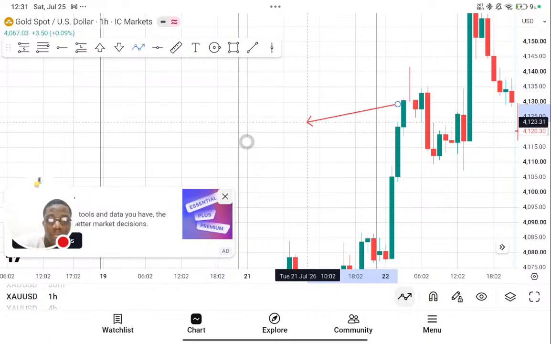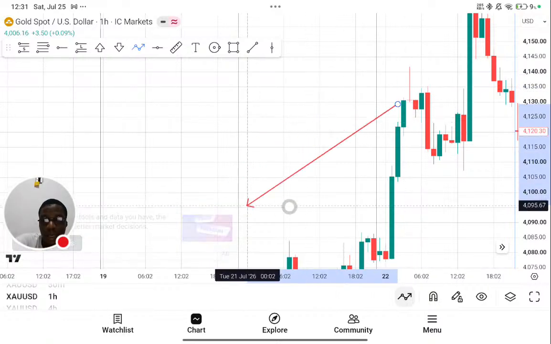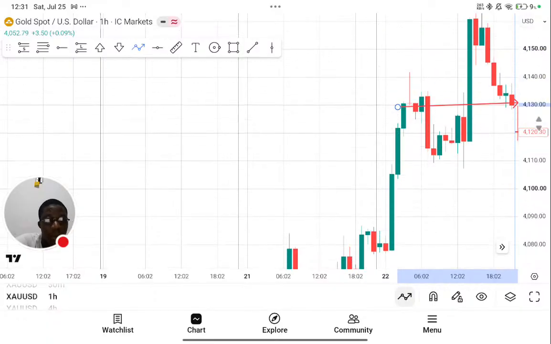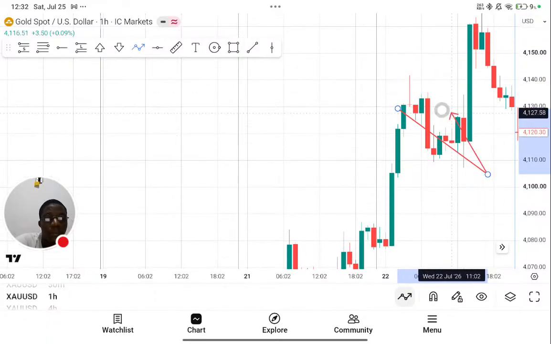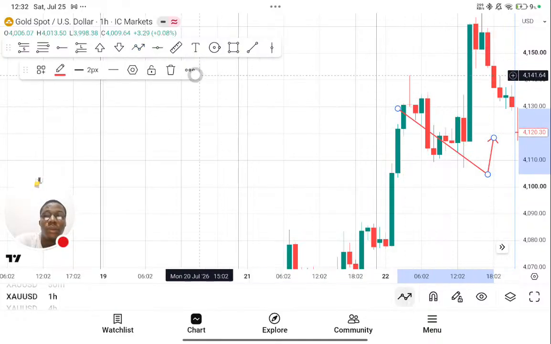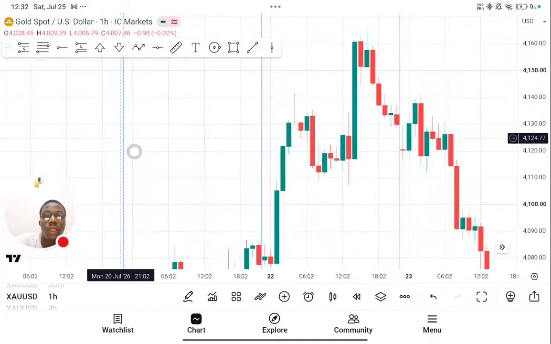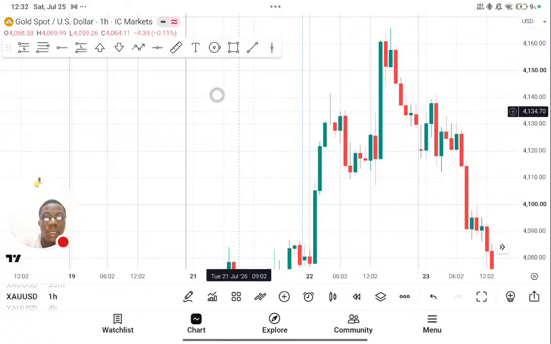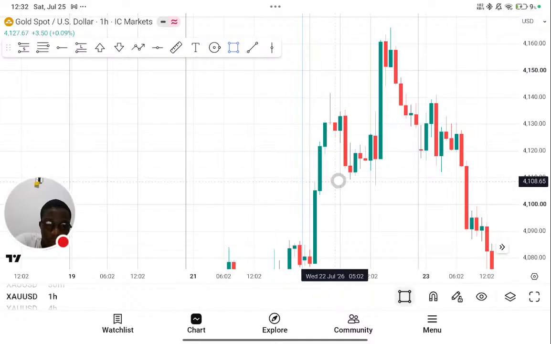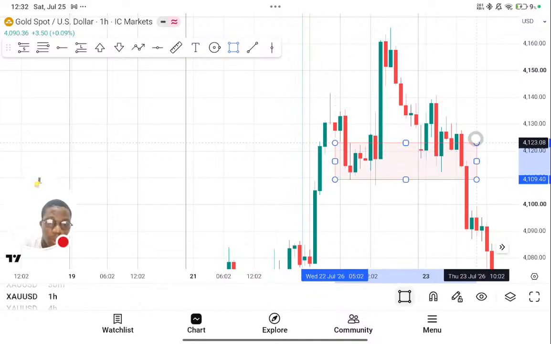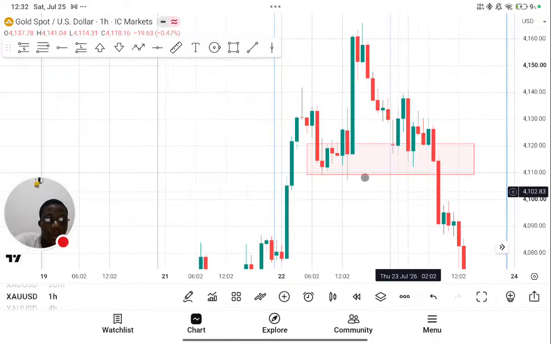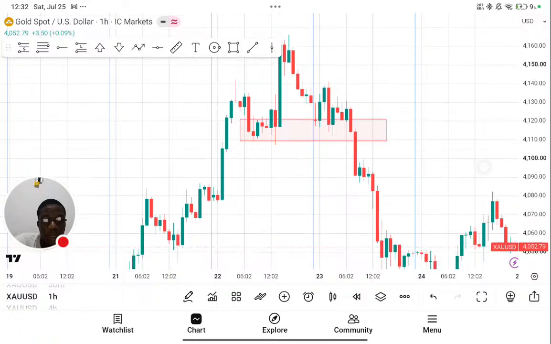This was where it started giving the signal that there are sellers here, there are people selling here, right? So that's the thing. And then these guys, this was supposed to be a support, but then it failed. So what do you think will happen when price gets there?